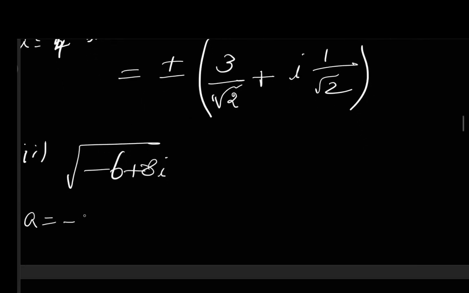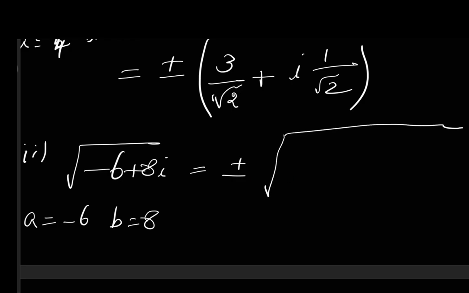For the second sum, root of minus 6 plus 8i. So a is minus 6, b is 8. So this is equal to plus or minus root of modulus z. Modulus z is 6 squared plus 8 squared, 36 plus 64, 100. That is equal to 10. 10 plus a, which is minus 6, divided by 2.